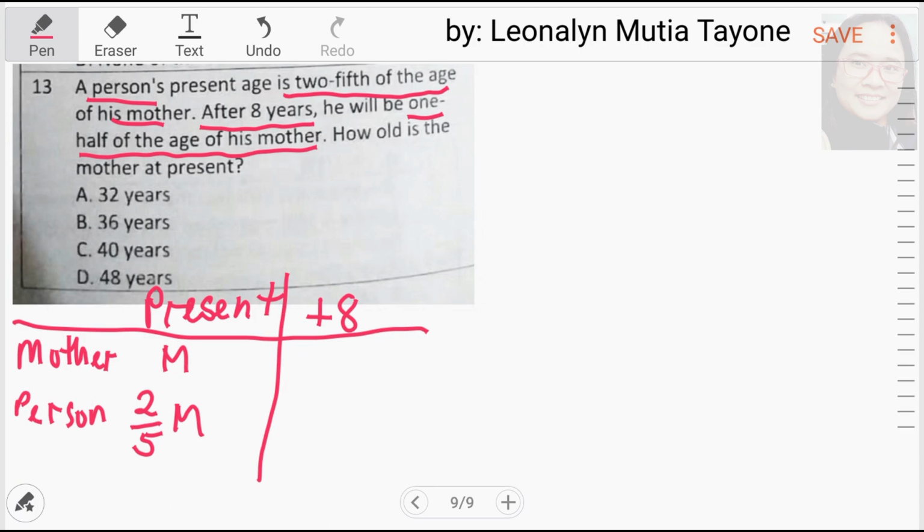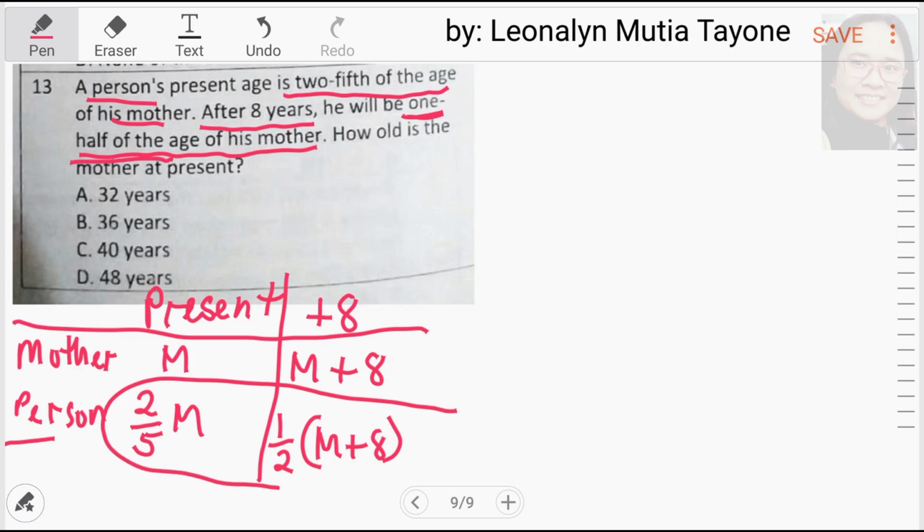Next, after 8 years plus 8, he will be 1/2 of the age of his mother. After 8 years, si mother ay M plus 8. Ito namang si person natin dito, after 8 years, he will be 1/2 of the age of his mother. Ito yung age ni mother after 8 years. 1/2 is 1/2.